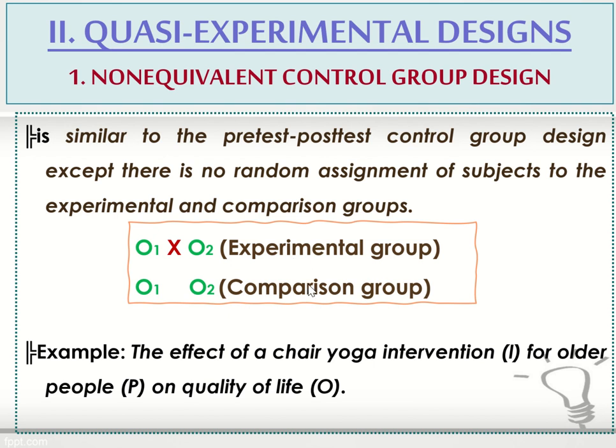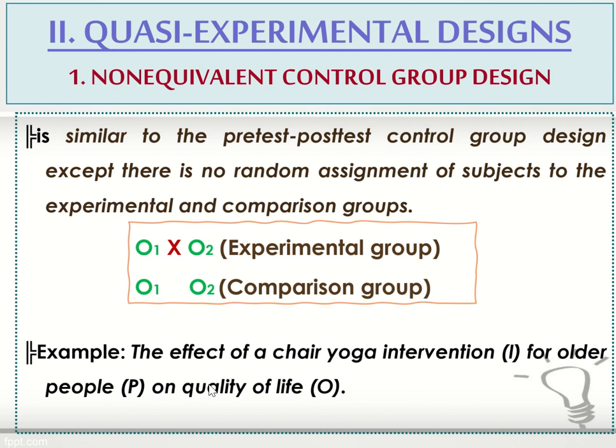So, we still have experimental tsaka comparison group. The intervention or the experimental treatment is given to the experimental group. The comparison group will receive none. And then we gave post test after the treatment, or after the intervention to the experimental group, or after the usual care, or the standard treatment for the comparison group naman.